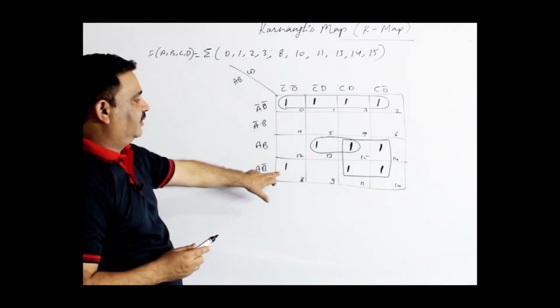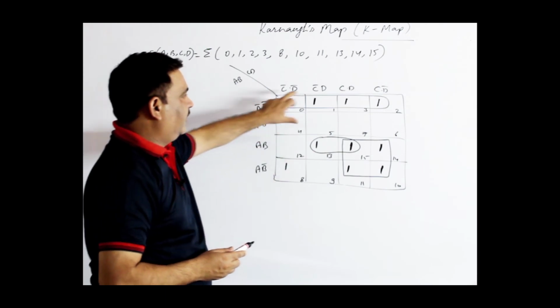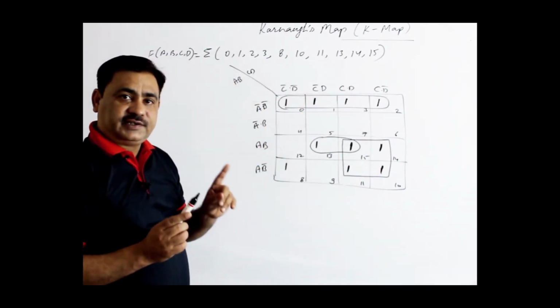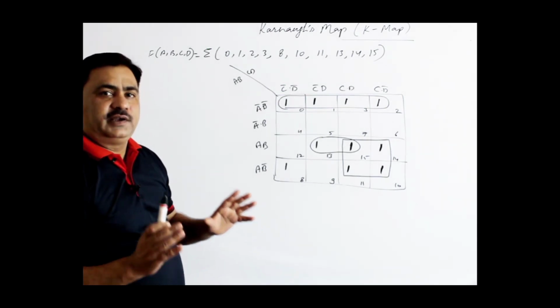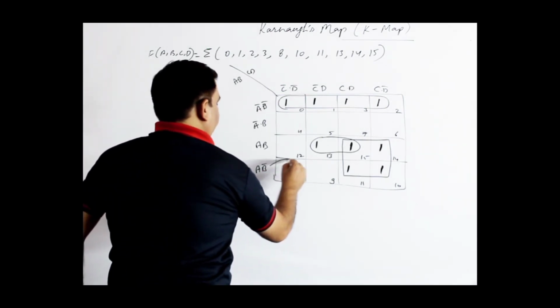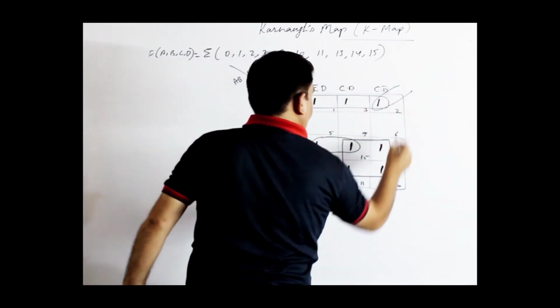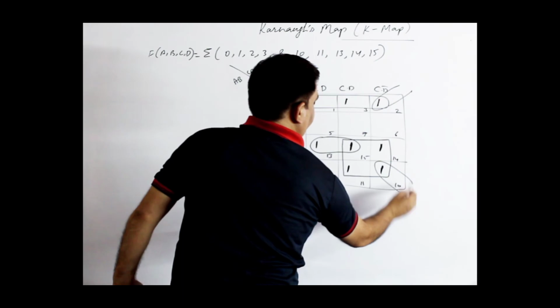Now, this one is left. At all the corners there is a 1, so you can also form a quad for this one, this one, this one and this one.